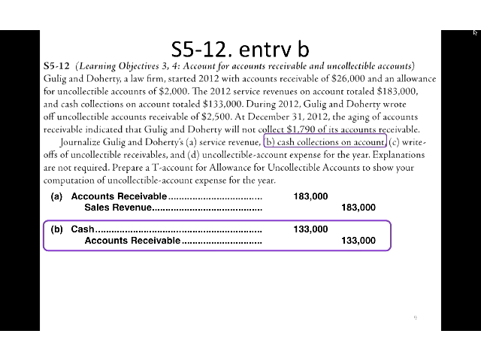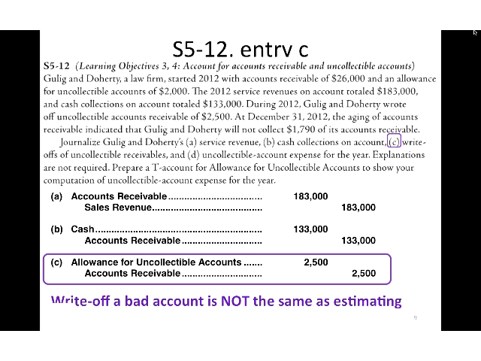So what we want to do is we want to pull that amount out of accounts receivable, but we also want to pull it out of the allowance account because we assume that we've already estimated that that was one of the ones that we estimated when we didn't know who wasn't going to pay us. So entry C, we would be debiting allowance for uncollectible accounts and crediting accounts receivable. Writing off a bad account is not the same as estimating an uncollectible account.